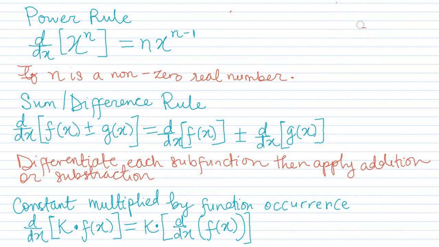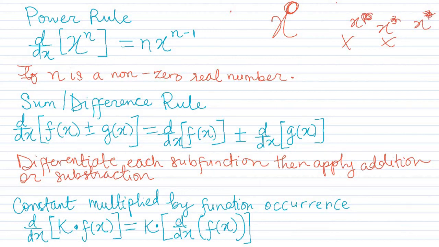But then you may be wondering, what if x stays by itself? Anytime you have a variable and the variable does not have an actual power, so it has an invisible power, so it's not x squared, not x cubed, not x to the 7th, there's nothing there.